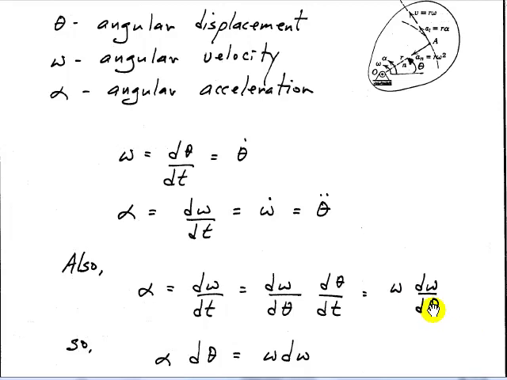If we move the d theta all the way to the other side, we'll have alpha d theta equal omega d omega. Rather than saying that, because it's a tongue full for me, I'll say the rotational version of a ds equal v dv. And you remember those formulas, I suspect.